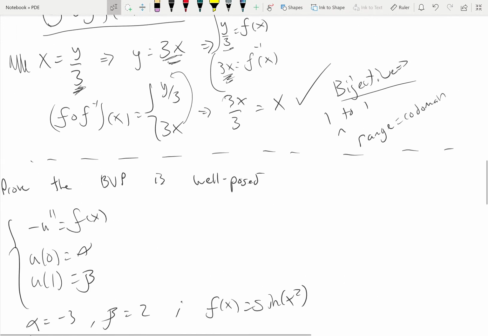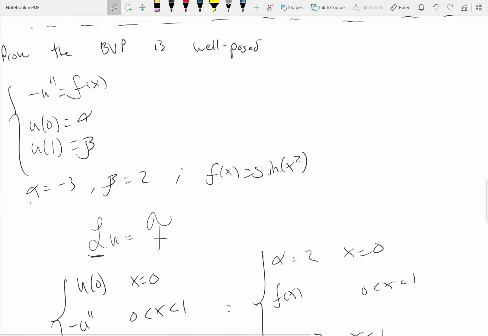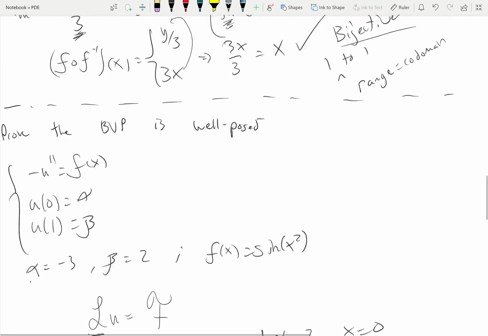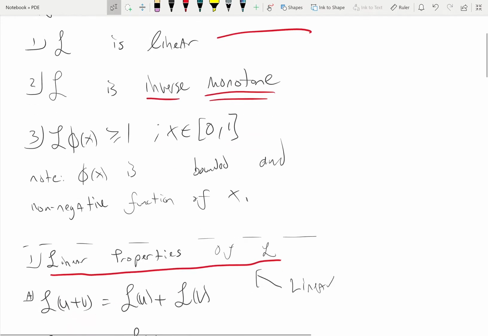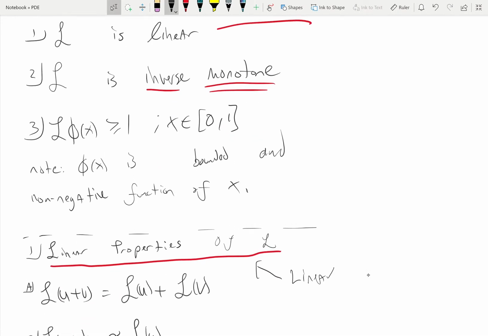So now we're at our actual problem. We're supposed to prove that the boundary value problem is well posed, meaning 1, L is linear. I already wrote it, I'm going to go back up. 2, L is inverse monotone.